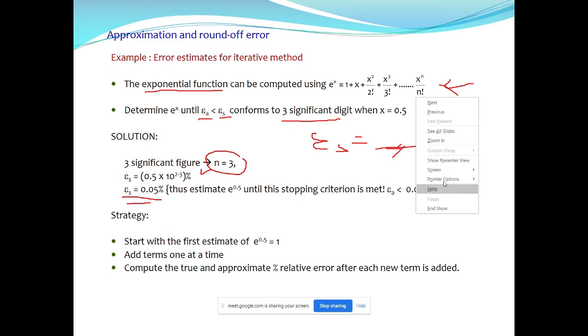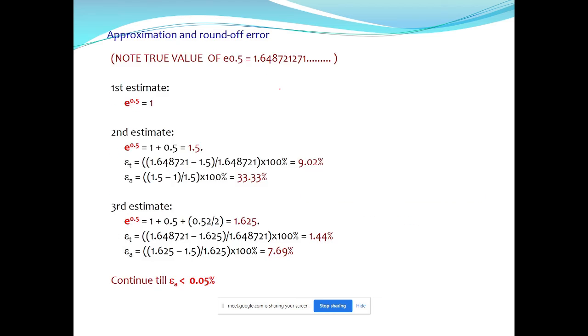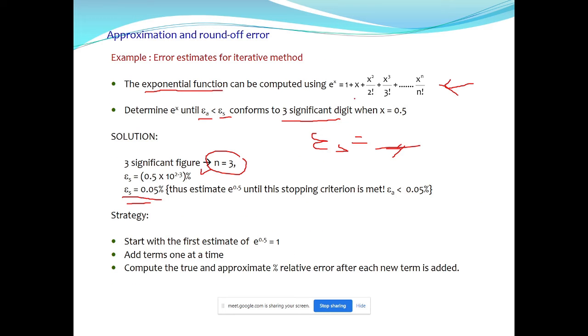Sekejap, saya buka pen. Okay, so this is your ES. So ES kat sini kita dah dapat ES sama dengan 0.05%. Okay, so kita buat daripada nombor 1.